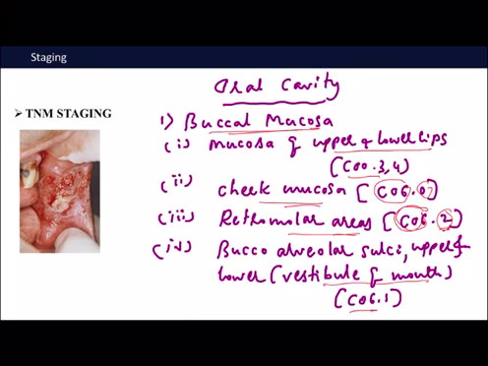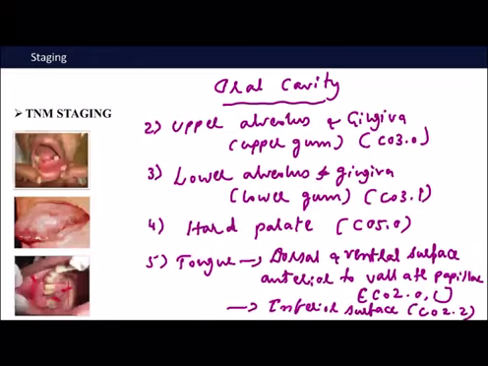If you go in a routine sequence, that is cheek mucosa C06.0, followed by bucco-alveolar sulci and upper and lower vestibule of the mouth C06.1, whereas retromolar areas can be considered as C06.2, right? In between we have 3 and 4 also, which are associated with the upper and lower lips mucosa. Fine.